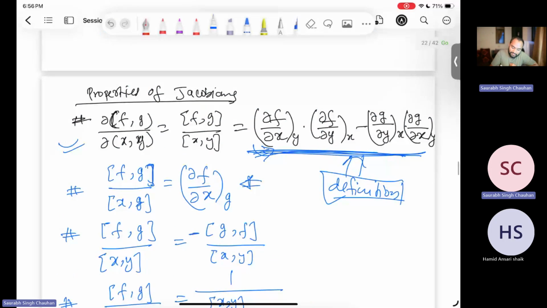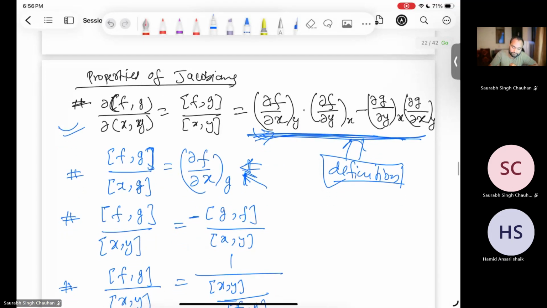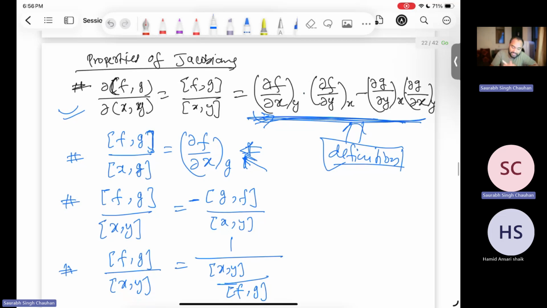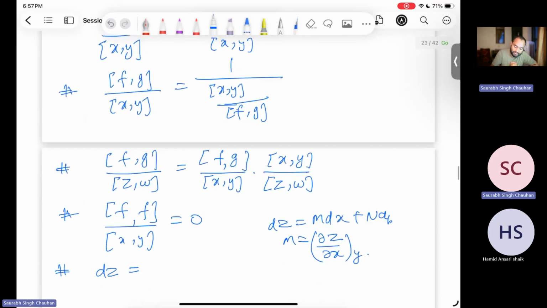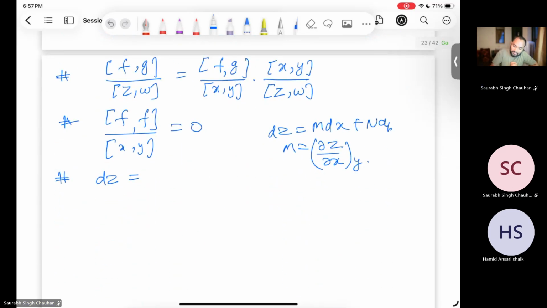And here we have written this property; if we compare it, then what we can write: del f by del x, whatever is constant, equals m. Here g is constant, so g will be repeated in the numerator as well as in the denominator. You are taking the derivative of f with respect to x, so there will be f in the numerator and x in the denominator, and what is constant will be repeated. Similarly, this is Jacobian of z and y with respect to x and y.